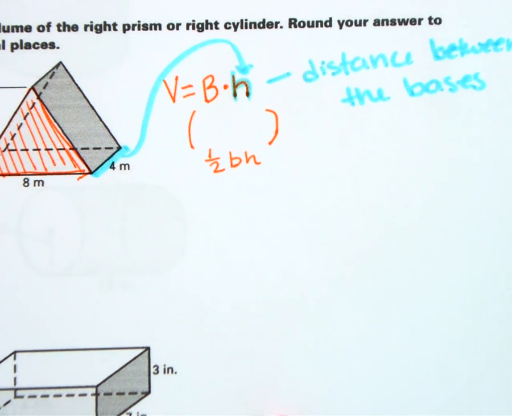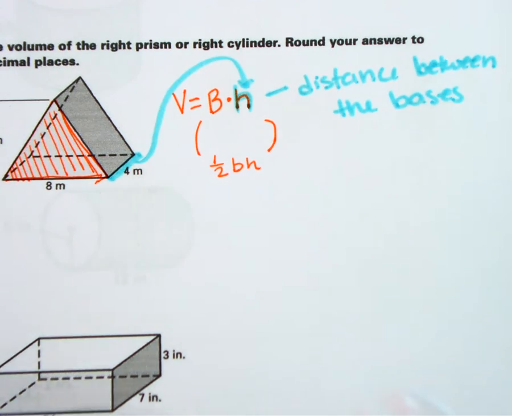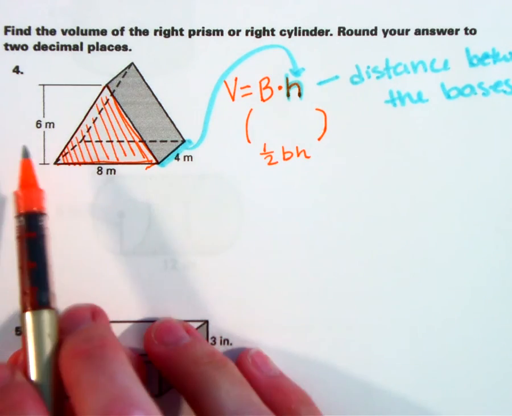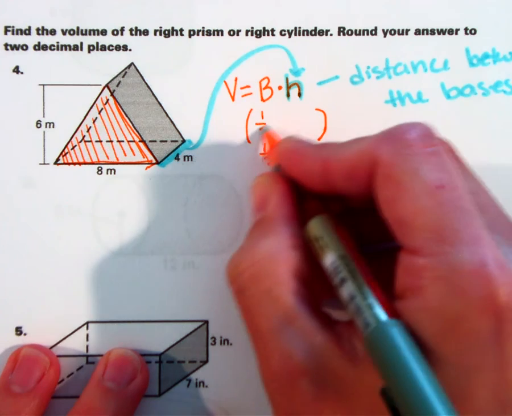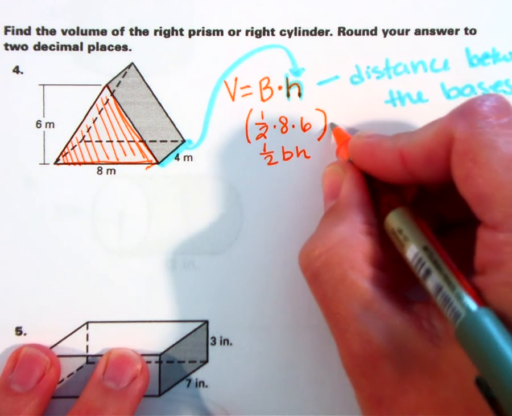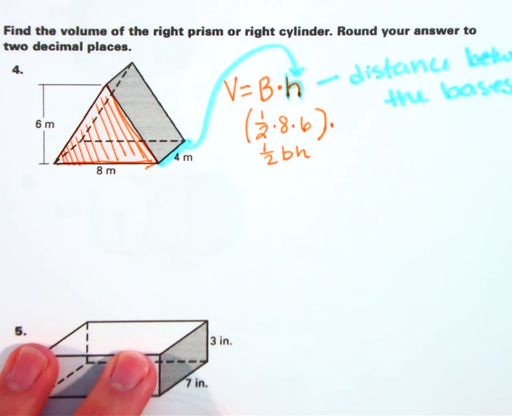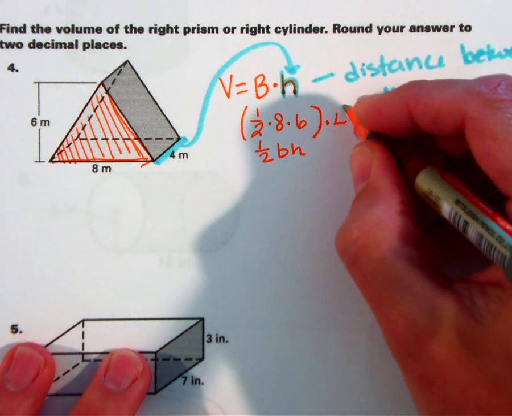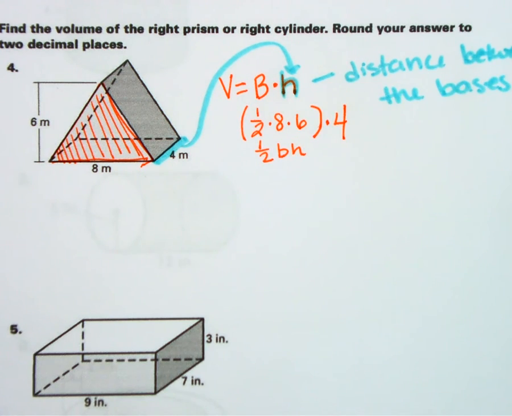If we're doing our formula for this one, the formula for the triangle is half of 8 times 6, and then you multiply that times the distance between the two bases, or the height of the whole shape, which is 4. Okay, and that's all you need for work.